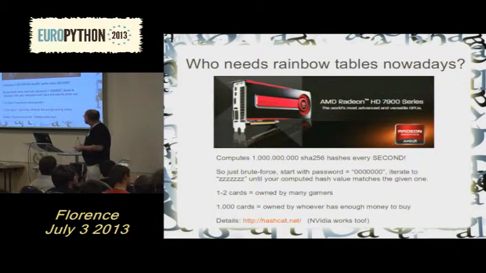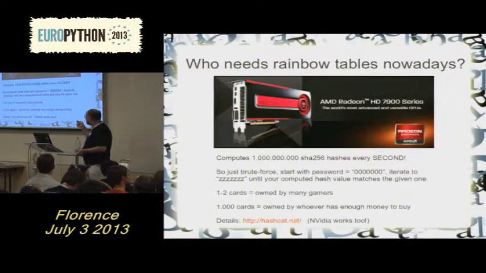So the simplest method is you just begin with some start value and then completely iterate to the end value and try all possible passwords. You need to try different lengths, of course, but you can imagine if you have that sort of power, it will go rather quickly if the password is not too long.